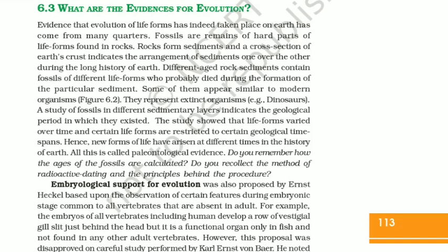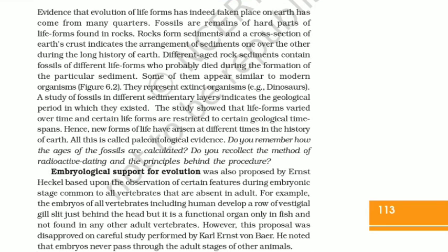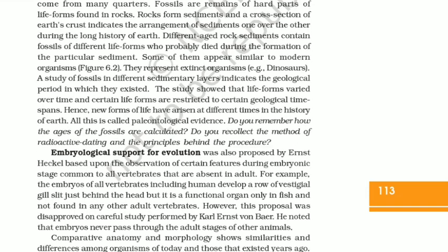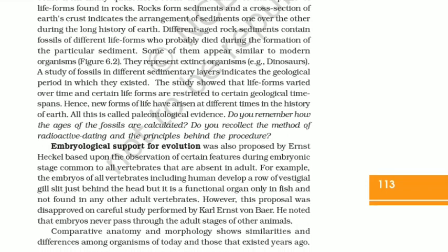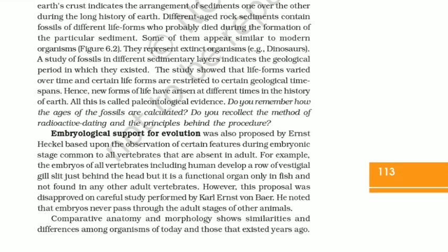Evidence that evolution of life forms has indeed taken place on Earth has come from many quarters. Fossils are remains of hard parts of life forms found in rocks. Rocks form sediment, and a cross section of Earth's crust indicates the arrangement of sediments one over the other during the long history of Earth. Different aged rock sediments contain fossils of different life forms who probably died during formation of the particular sediment.